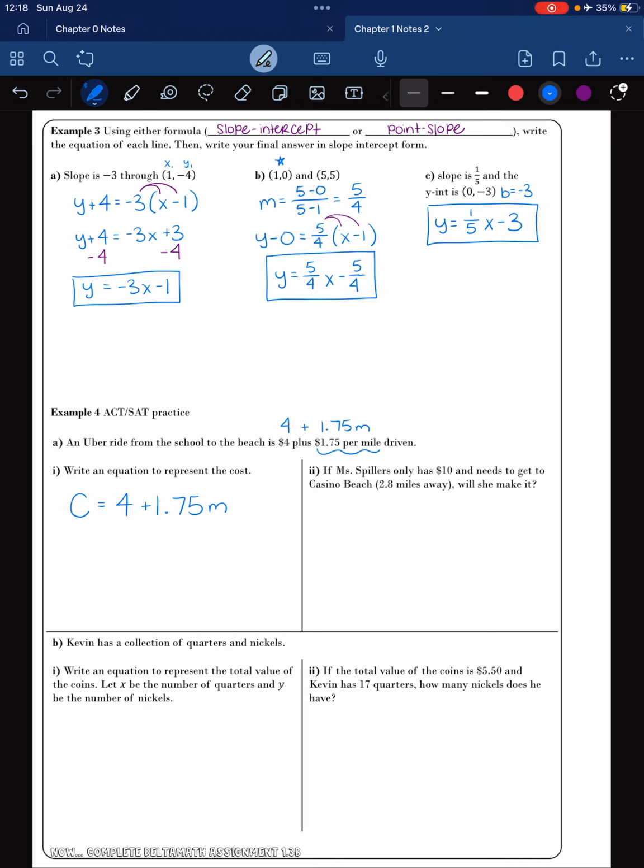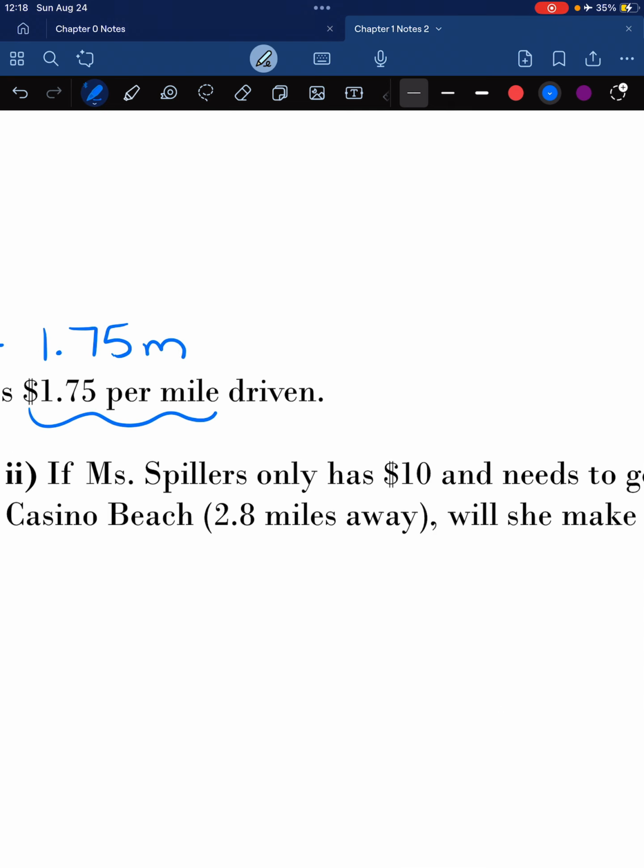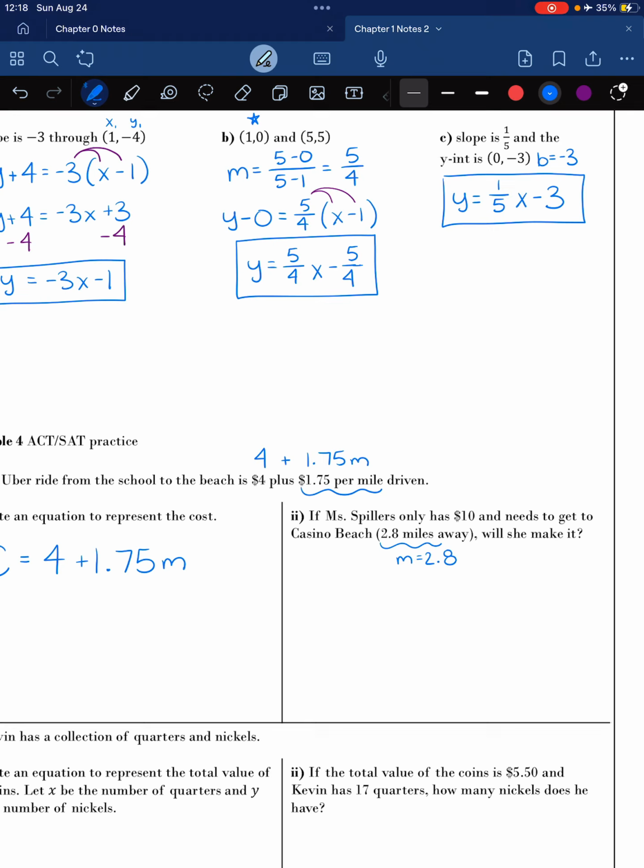Okay, if Miss Spillers only has $10 and needs to get to Casino Beach, 2.8 miles away, will she make it? Okay, so 2.8 is talking about the miles, so I'm going to plug that in for m in my equation. So we end up with my total cost is 4 plus $1.75 per mile.